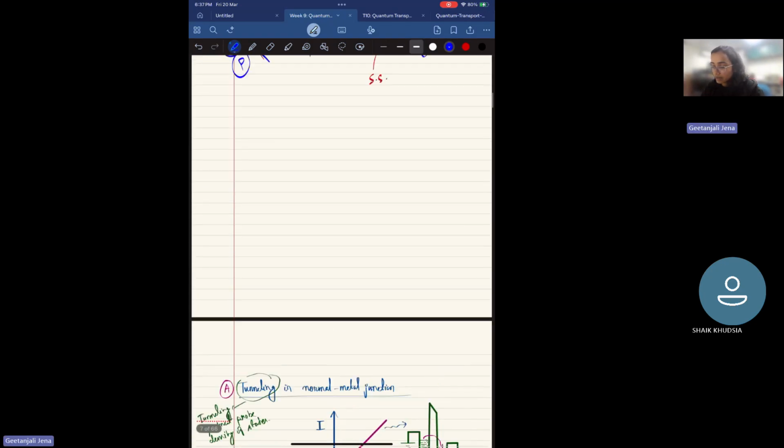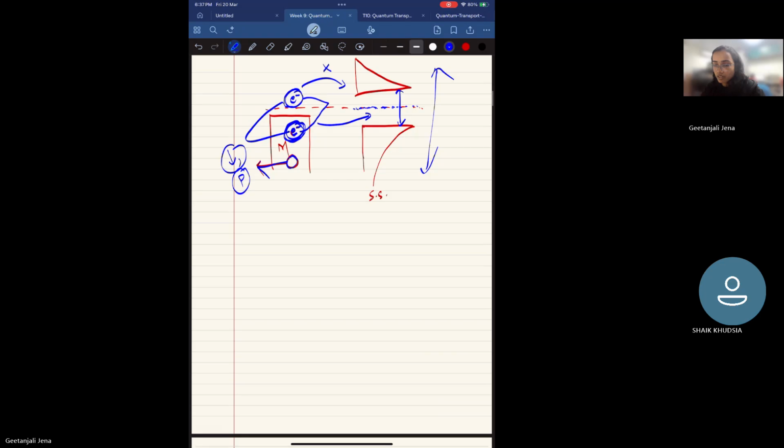Spin and momentum. If you look at the electron only, not the Cooper pair, electrons are fermions.